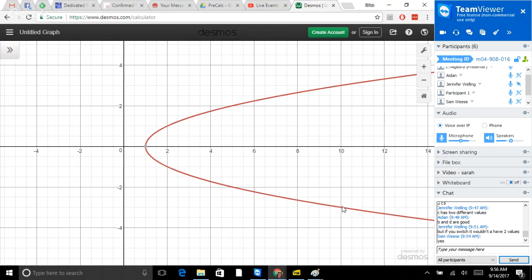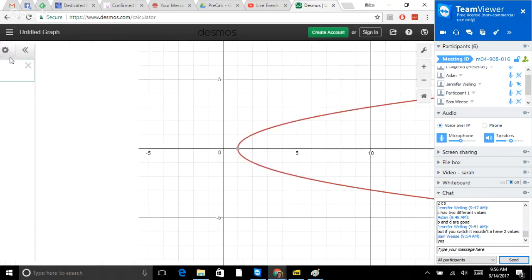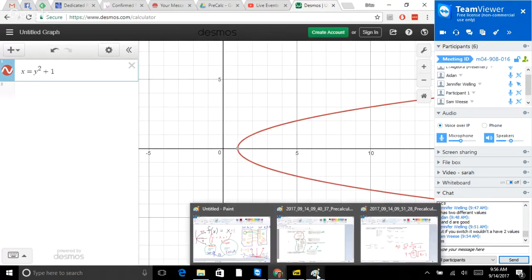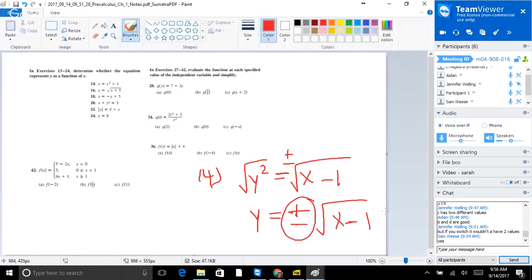I wanted to throw that up there really quick because I know our time is coming to an end. But we can look at these functions algebraically and just see, does it look like it would be a function? Or we can look at it graphically. That can help us out too. So if you look down your list, like 16, for example, does not have the plus or minus square root, so that would be a function.